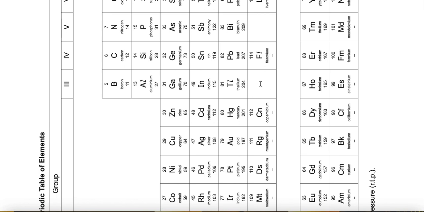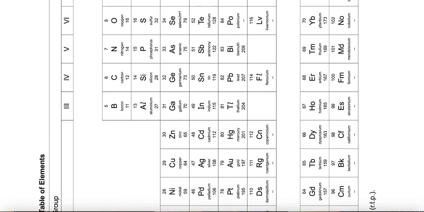If it was in group 3, it has 3 electrons in the outer shell. So to answer this question, you have to use your periodic table, for the period and the group that it is. If it's here, it's in group 5. If it's here, it's in group 6, like this one with the atomic number 116, livermorium.